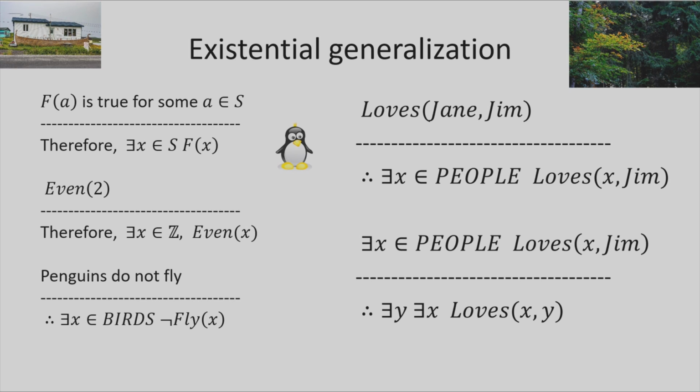First thing we can conclude, well, doesn't really matter in which order in this case, but we can conclude that somebody loves Jim. Well, that's Jane. And moreover, we could conclude that there are two people such that one of them loves the other. And the person who loves is Jane, and the person who is being loved is Jim. Back to our Valentine's Day stuff.